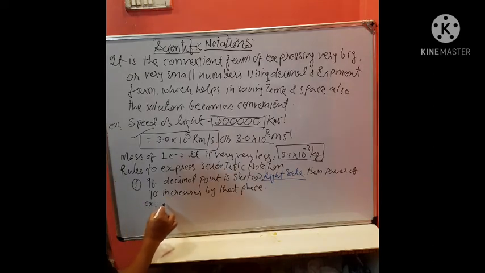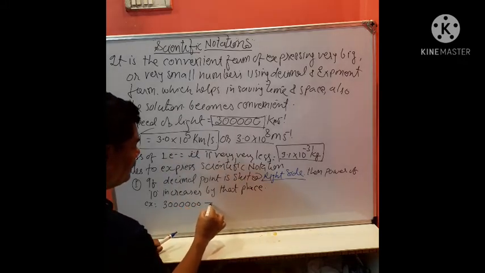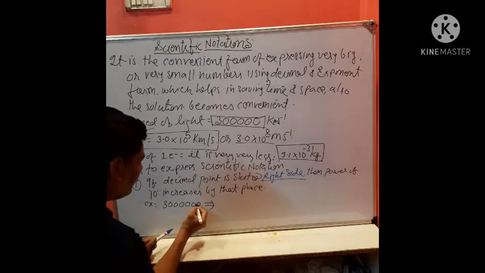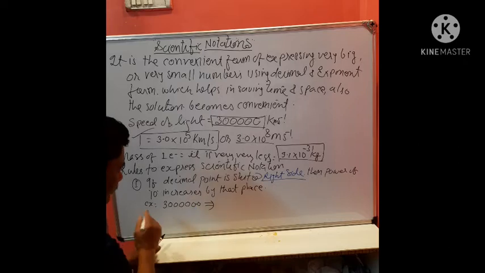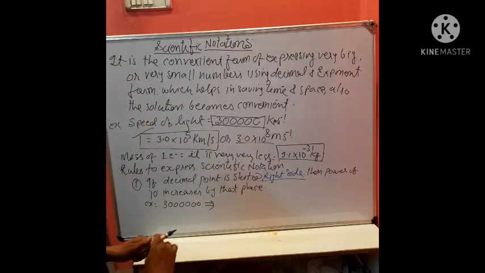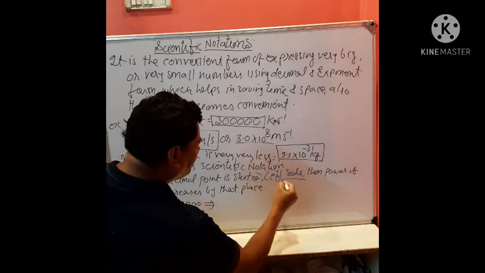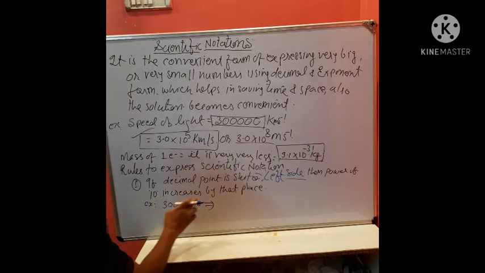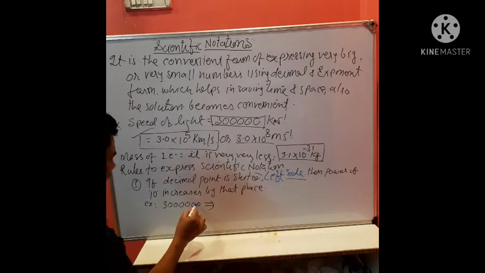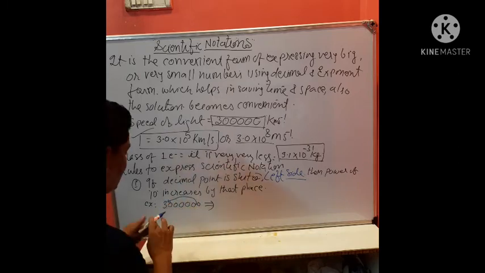For example, say 3 lakh. Here it is given 3 lakh, and there is 0. So if we have to express it, and this decimal point is shifted to the left side, then the power of 10 increases by that many places.